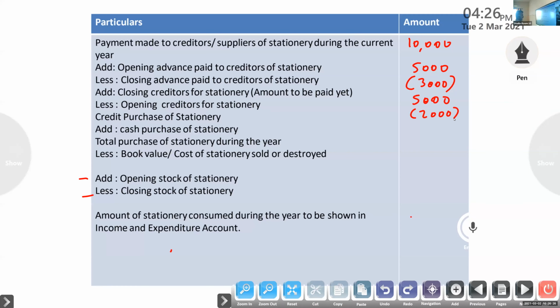With amount paid to creditors, opening advance paid to creditor you have to add, less closing advance paid to creditor you have to minus. Then add closing creditors for stationery, less opening creditors for stationery. Then you will get credit purchase of stationery, because every item is related to creditors only. So now you will get, say, 15,000 credit purchase of stationery.